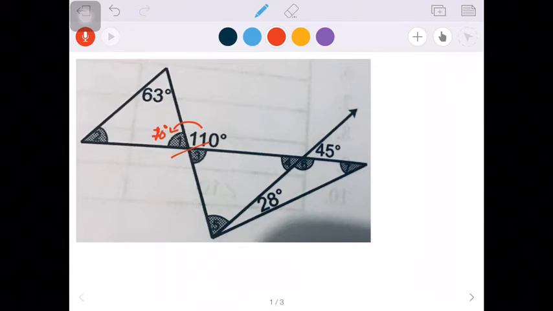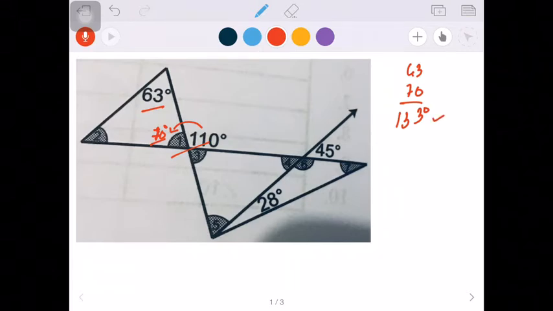Alright? And if we focus alone on this triangle, it already has 2 angles, which are 63 and 70 degrees. So we simply add these 2 angles. 63 and 70 is already equal to 133.